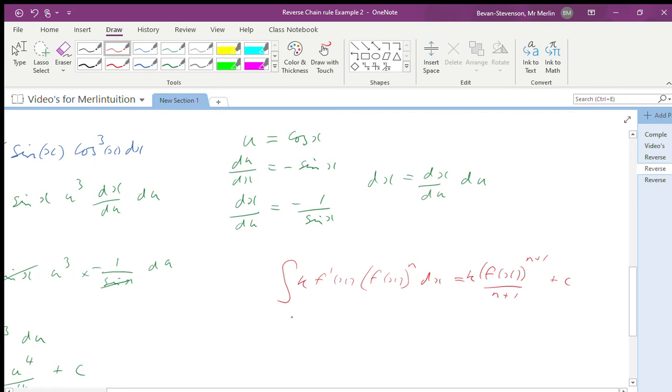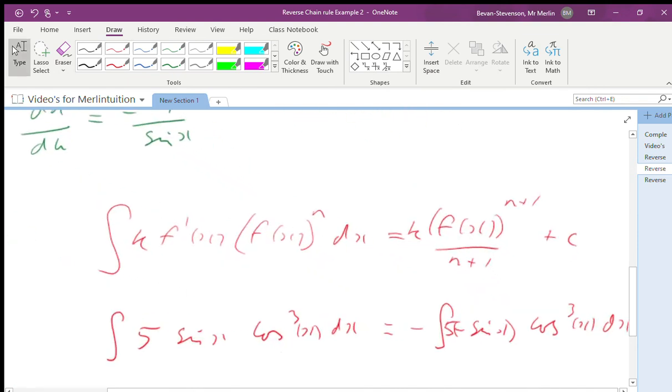And so, when we are integrating 5 sine x cos cubed x dx, that's the same as minus the integral of minus sine x times 5 times cos cubed x dx.